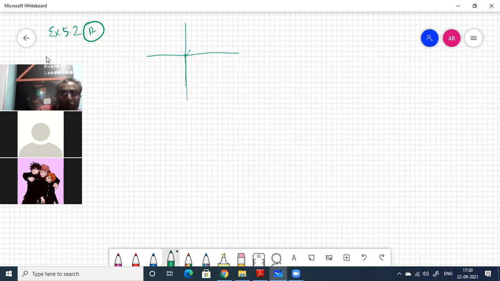This is O. O is 0, 0. Is 30 units. Let us say here 30 units. Then it's telling here also it is 30 units because it is going like this.